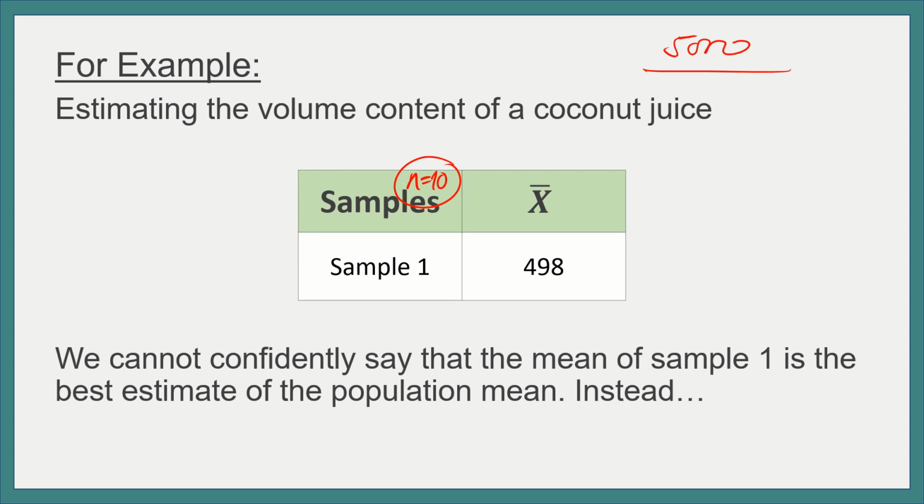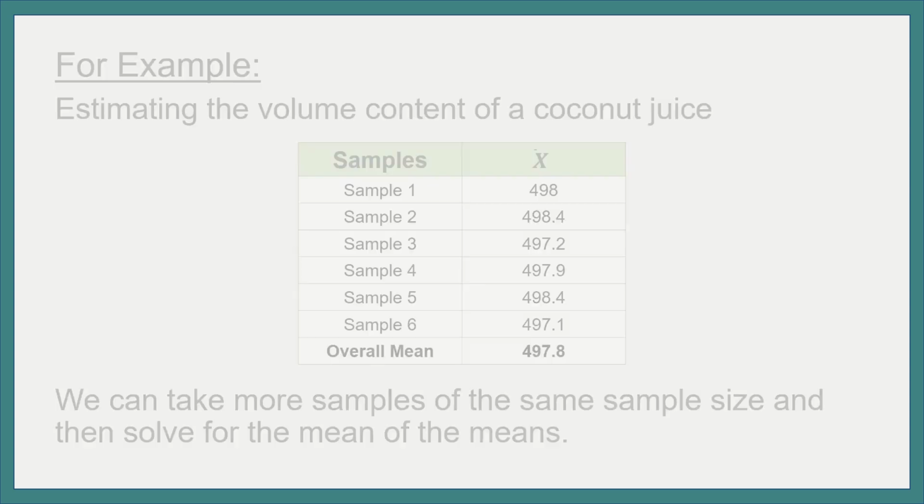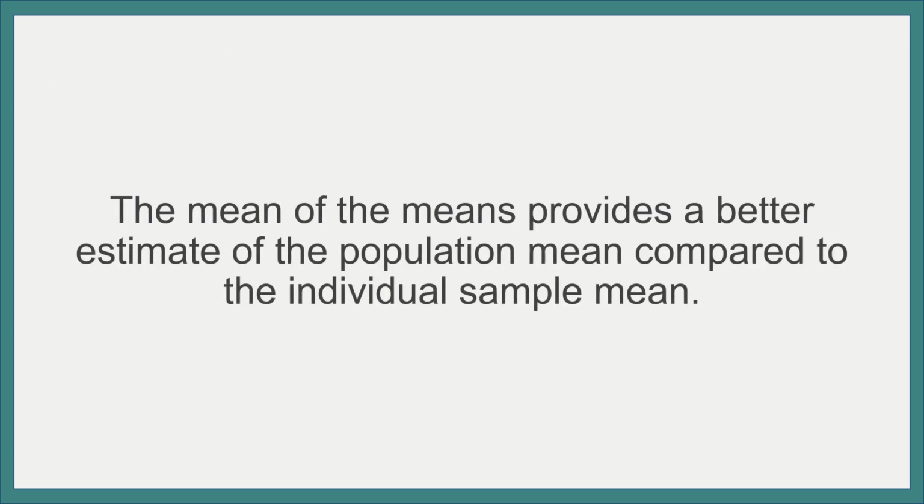So what we can do is, instead of having one sample, we can get as many samples as possible. For example, we can have 6 samples or more, solve for their sample means, and then solve for the mean of the means, or the overall mean. The mean of the means provides a better estimate of the population mean compared to an individual sample mean.